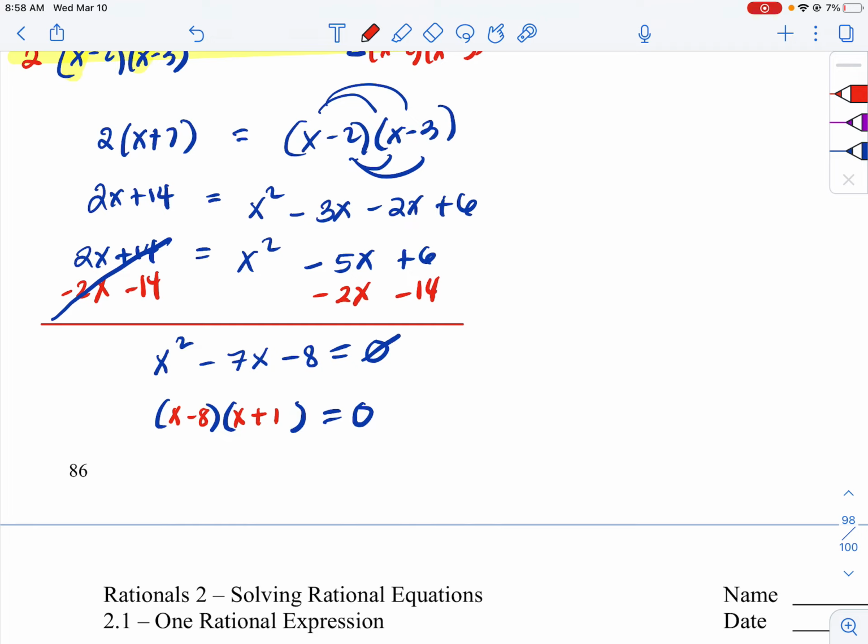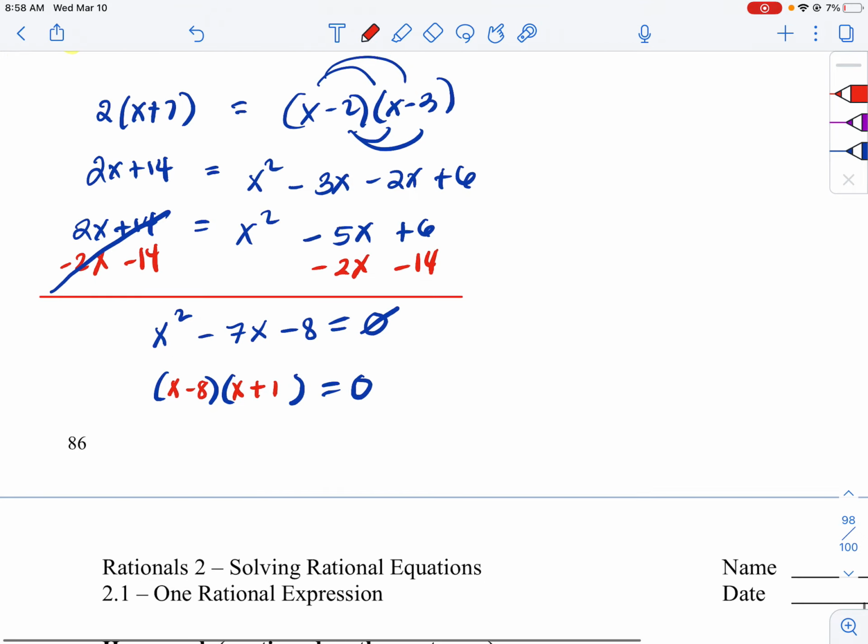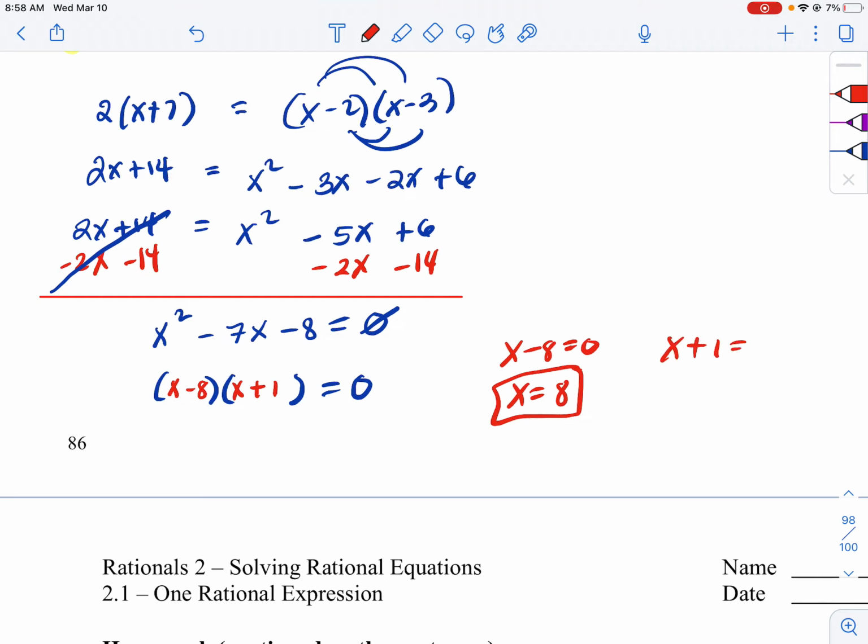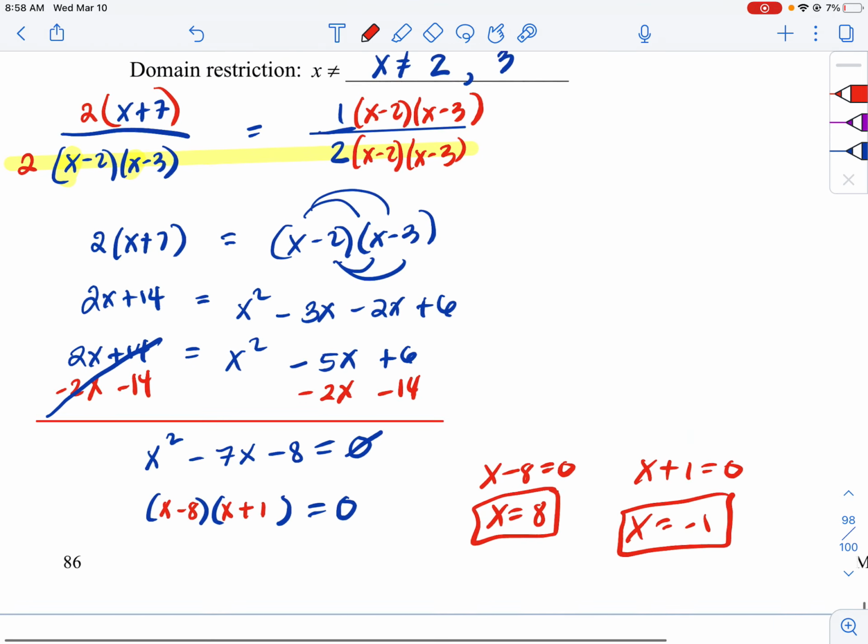Because negative 8 times 1 is negative 8, and negative 8 plus 1 is negative 7. So we are going to solve it as x minus 8 equals 0. That's a positive 8. x plus 1 equals 0. That's a negative 1.